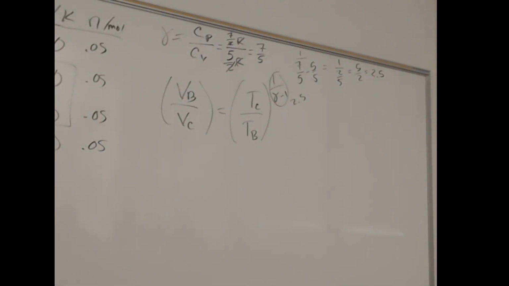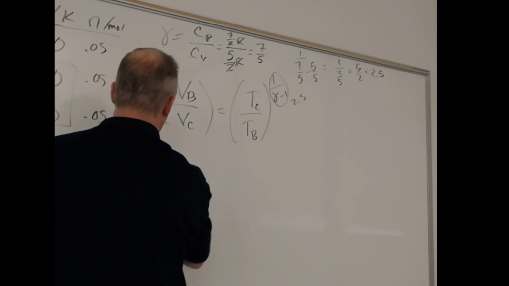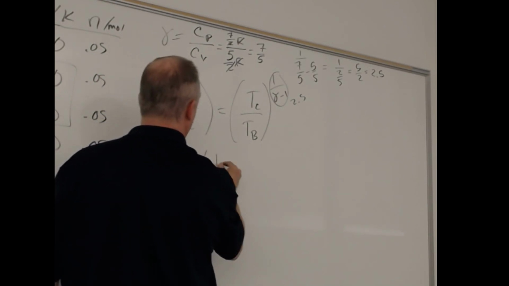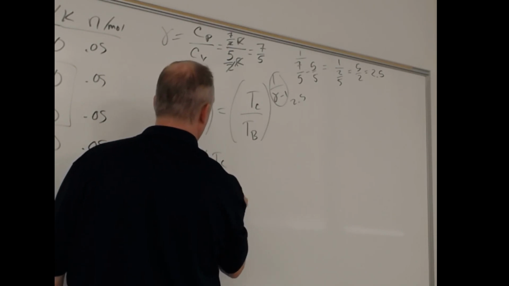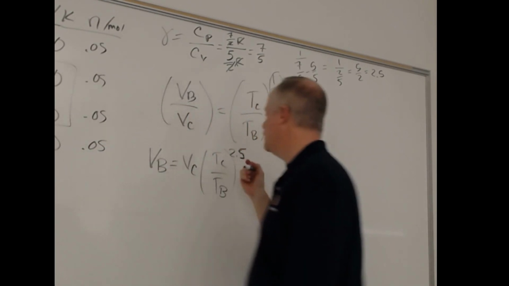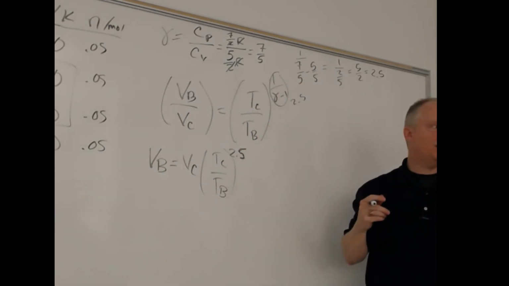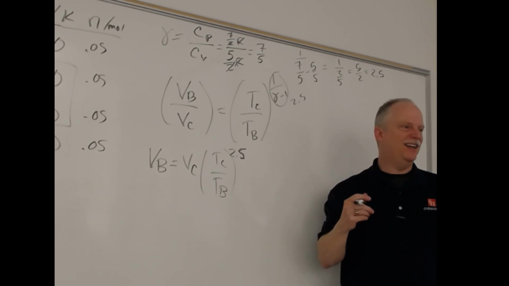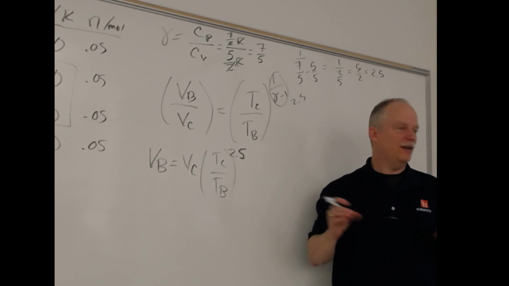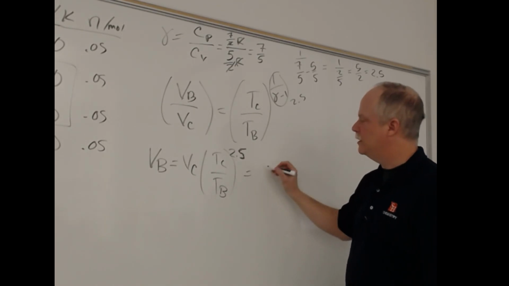And so we just take our equation here, VB is equal to VC times TC over TB to the 2.5. Now, you may have to use the y to the x key on your calculator, because you have to raise something to the 2.5 power. Okay, so let's put the numbers in there.